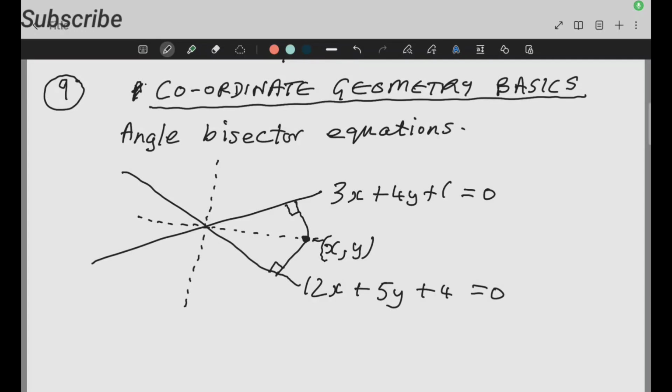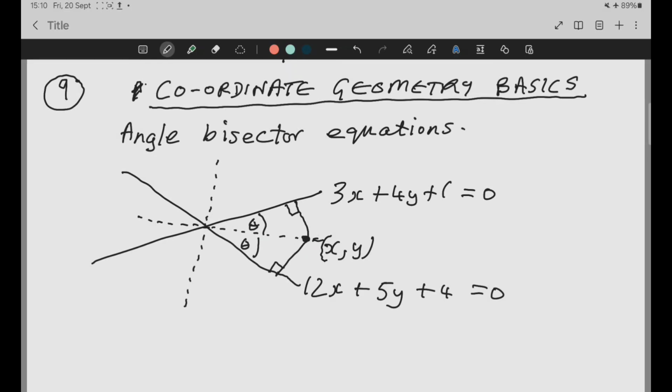Right, move on to topic number 9 of Coordinate Geometry Basics, and this time we want to have a look at how we find the equations of an angle bisector. Now, we've drawn a little diagram here, and the dotted line has divided the angle between these two given lines whose equations are written down.